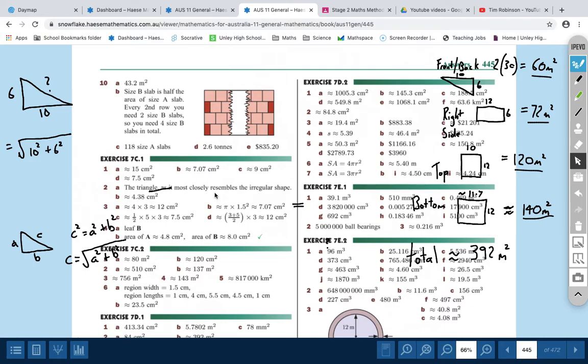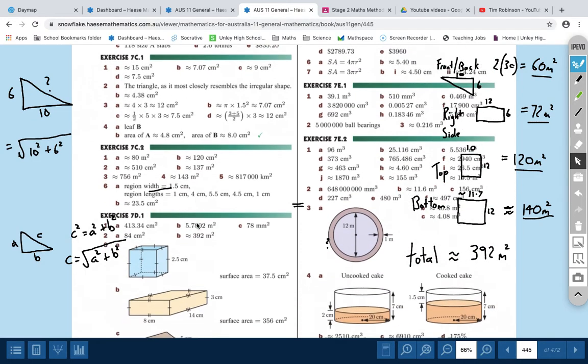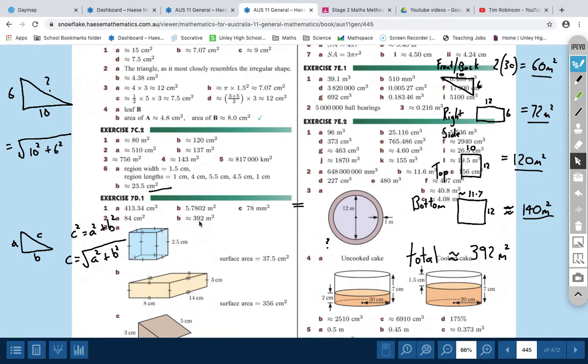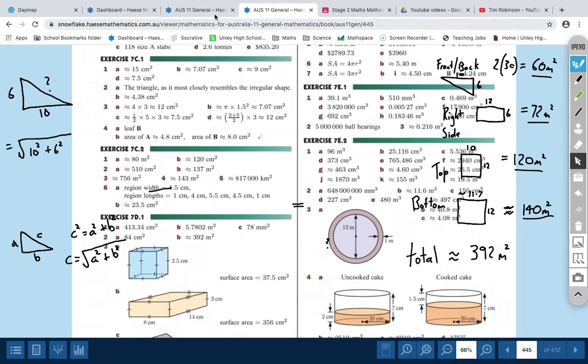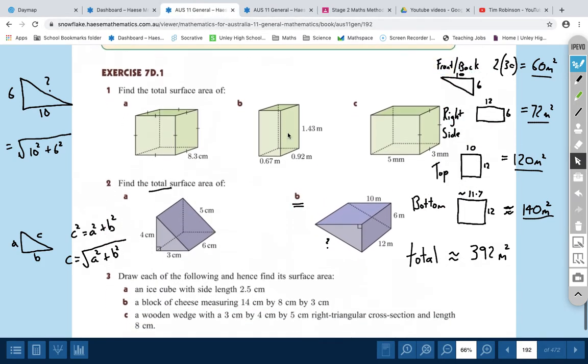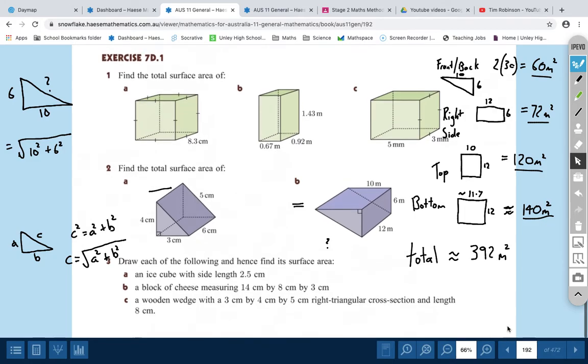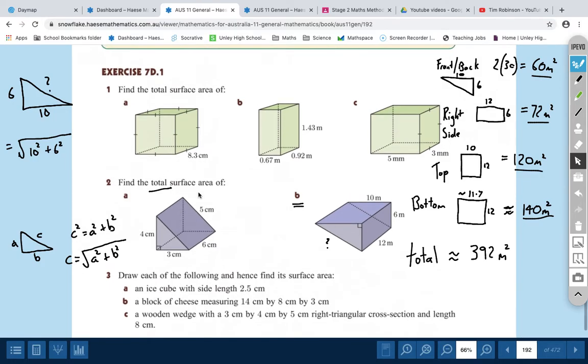We're doing 7D. 7D, 2B. There it is. All right, we could have used some more decimal places. The book didn't and I didn't. But if you've got some decimals, you might have 391.9 something. That's fine, because the question doesn't actually tell me how many decimal places.